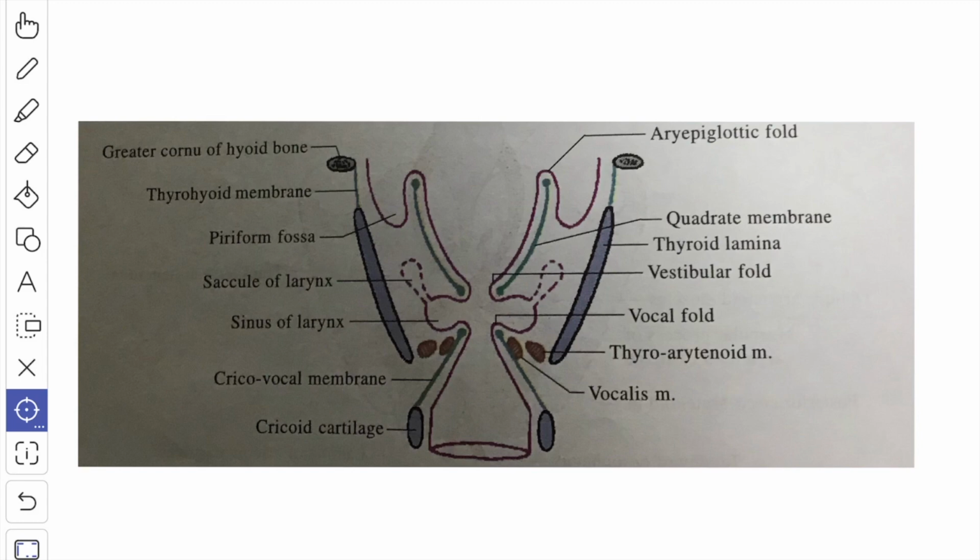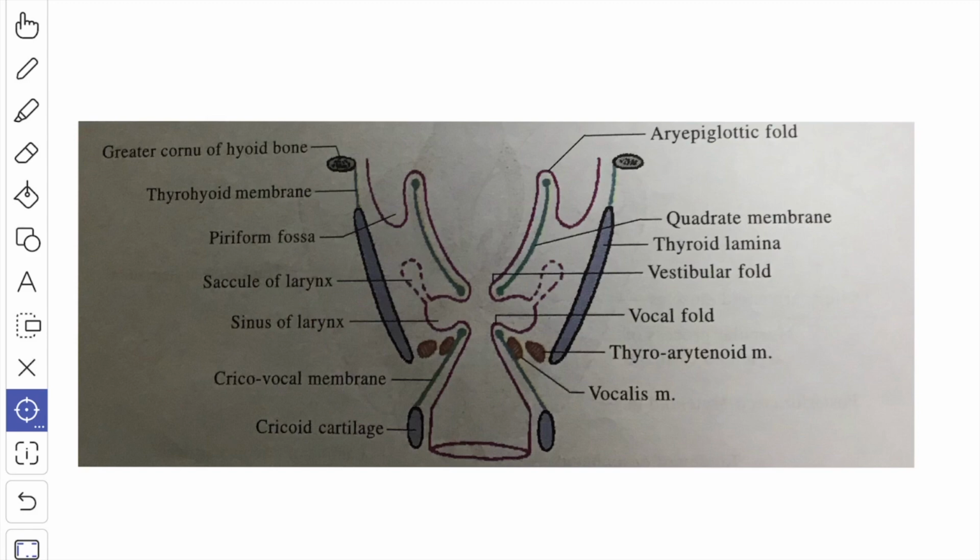Next we'll see the nerve supply of the larynx, the sensory supply. The mucous membrane above the vocal fold is supplied by the internal laryngeal nerve and below the vocal fold is supplied by the recurrent laryngeal nerve. The motor supply: all the intrinsic muscles of the larynx are supplied by the recurrent laryngeal nerve except the cricothyroid, which is supplied by the external laryngeal nerve.